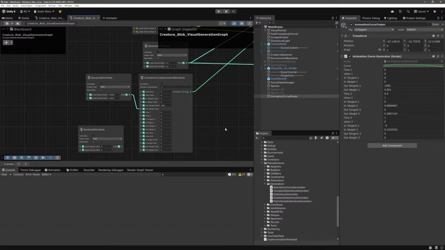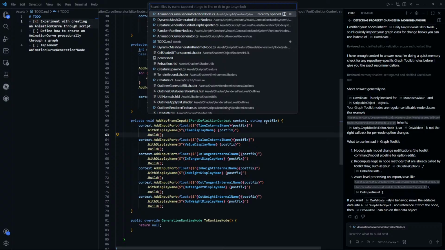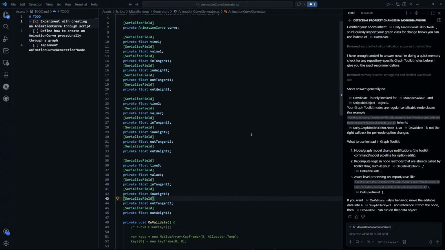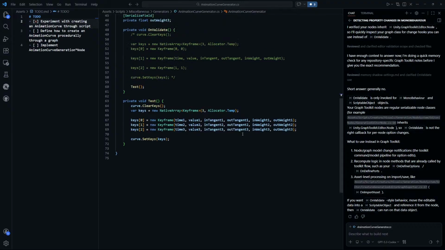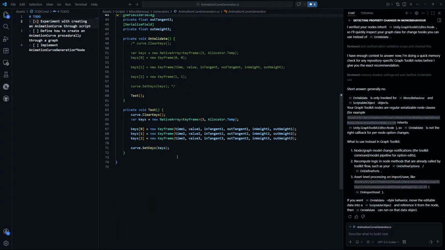So what I'm getting at is animation curve generator, and we do public class animation curve setup.